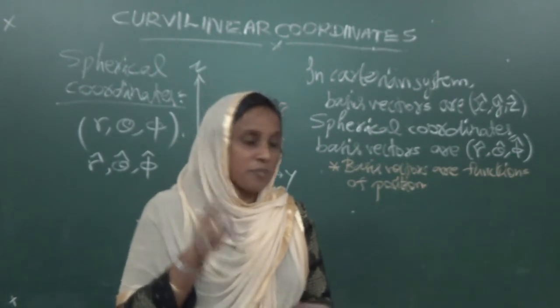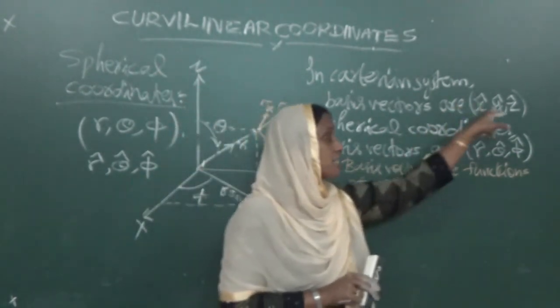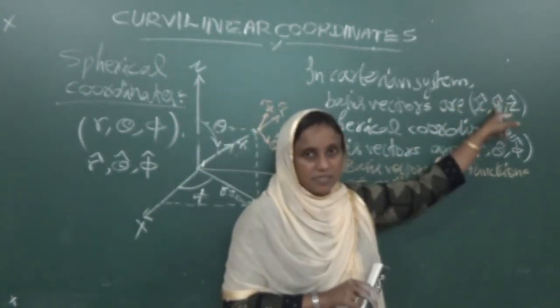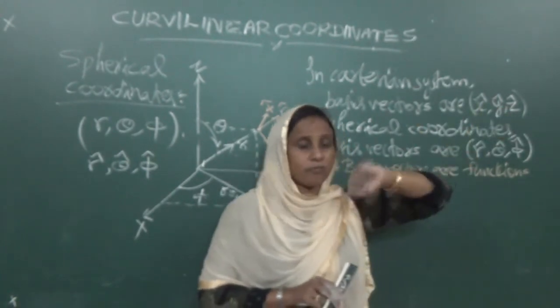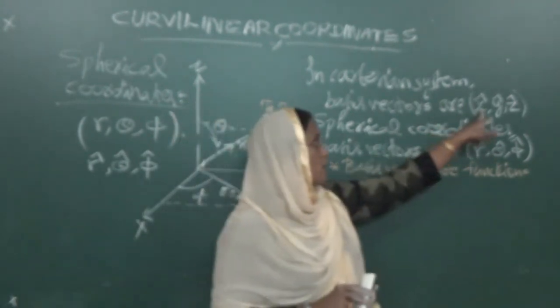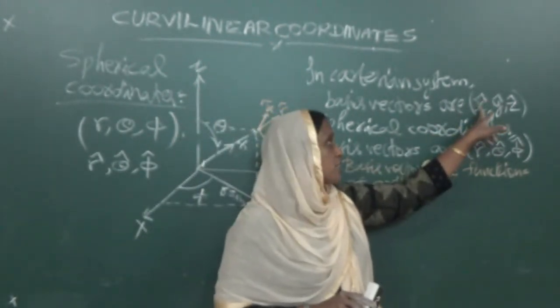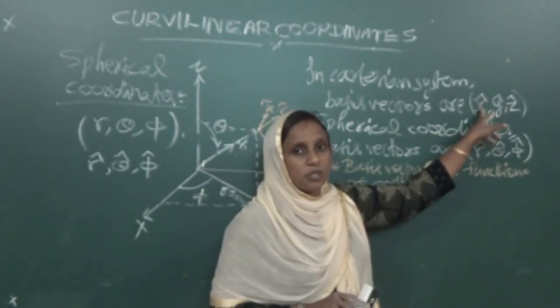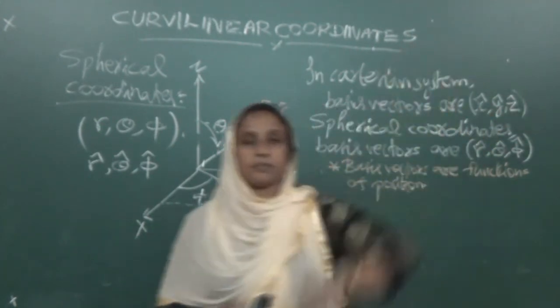Remember the point. In the case of Cartesian basis vectors, there is no problem for doing this. If you want to find the differential of x cap, you can show that this is 0. The differential of x cap is 0 because all these are constant.